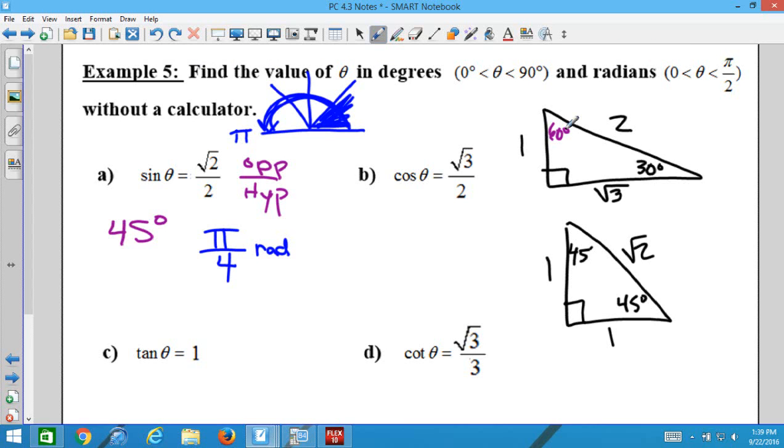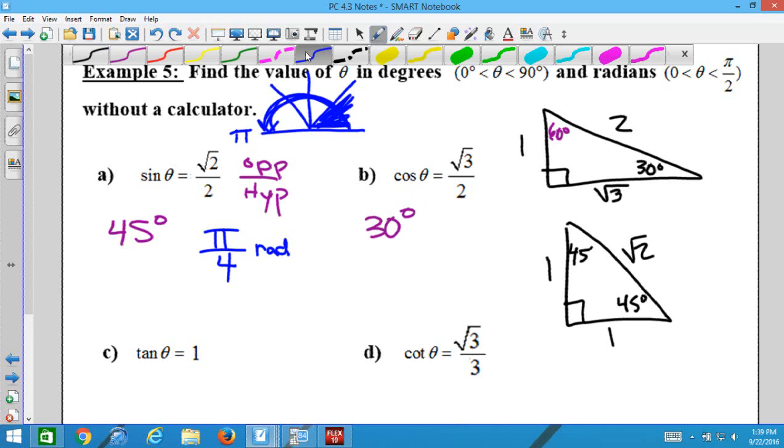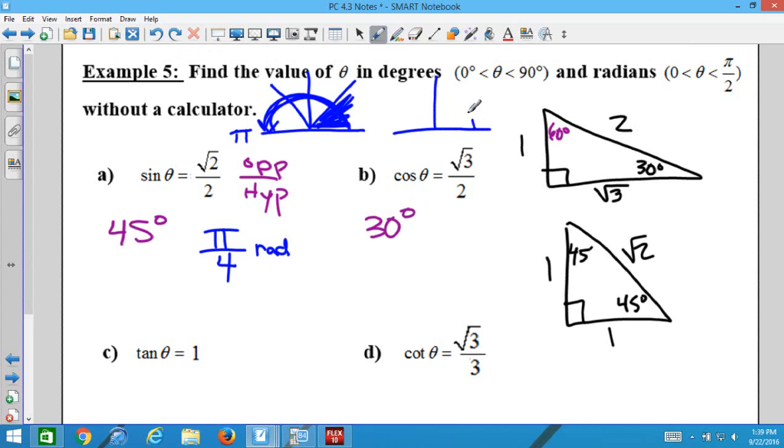So we're going to be using 30 degrees. And for the radians, we're going to do it this way again. We're taking pi, and we're fitting as many 30s in as I can. How many 30s fit into that 180 degrees? 6. So one of them is pi over 6.